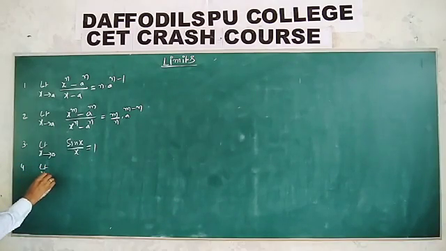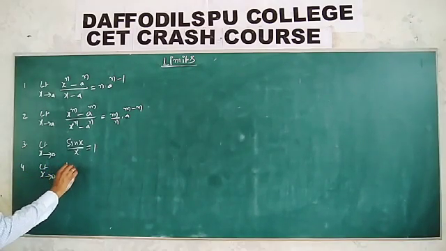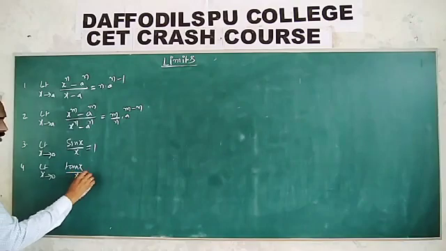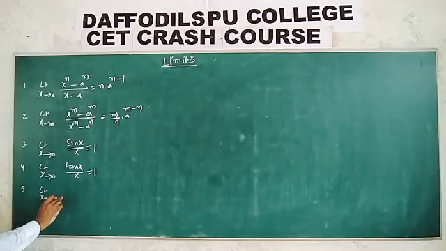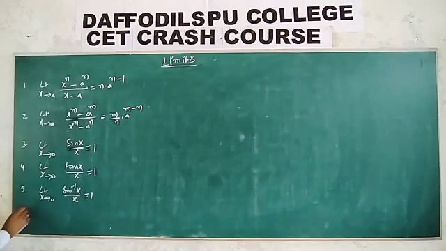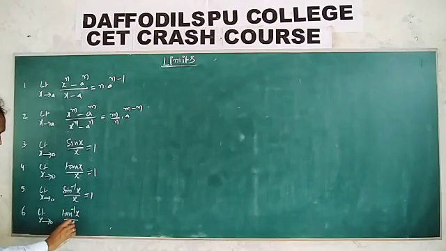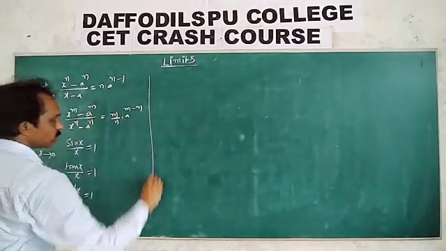Same like that, tan x by x is equal to 1. Okay, like that, limit x tends to 0 sin inverse x by x is also 1, limit x tends to 0 tan inverse x by x is equal to 1.